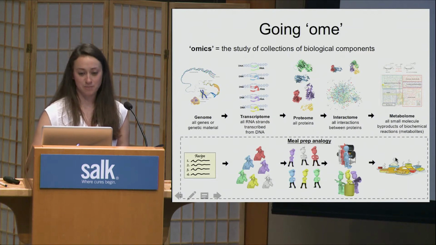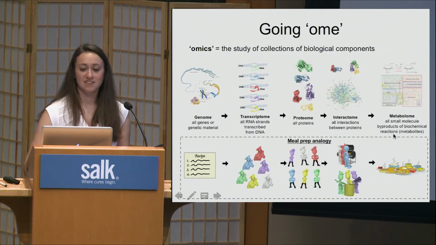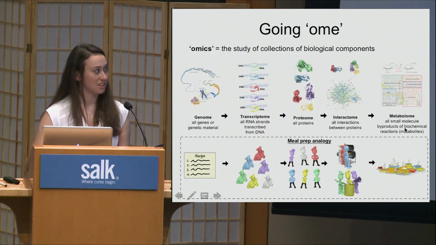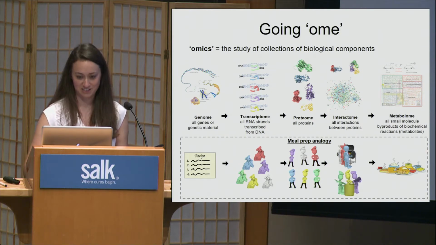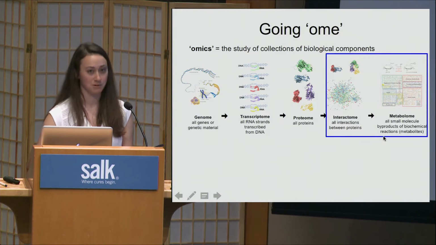And then the outcome is this big feast, which is all these different types of food. And that's like the metabolome and all the different small molecules that are in the cell that result from all the protein interactions. I'm going to focus today on interactomes and metabolomes.